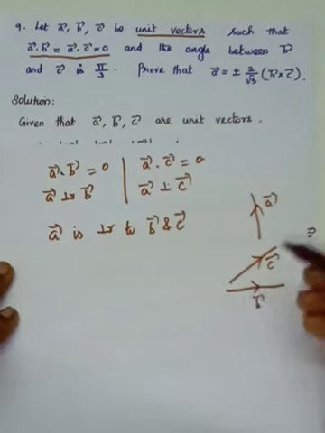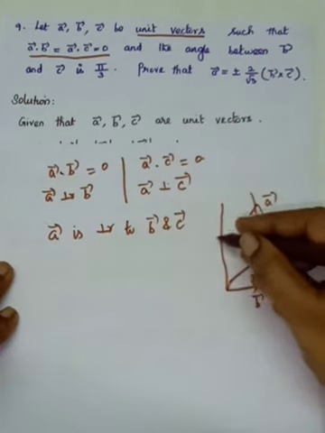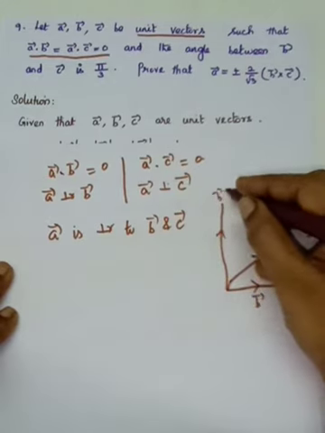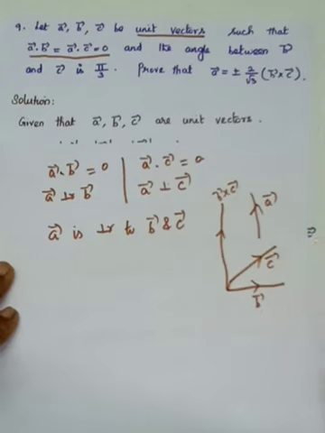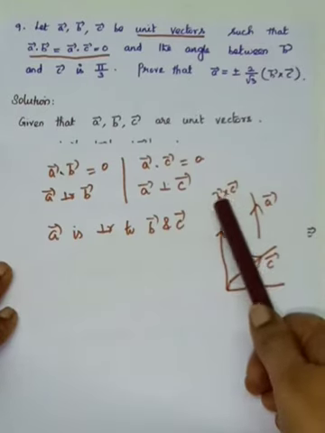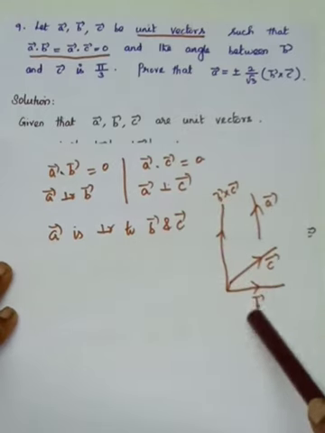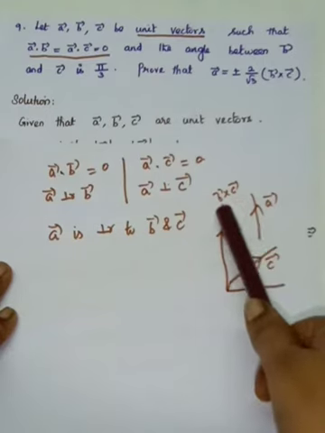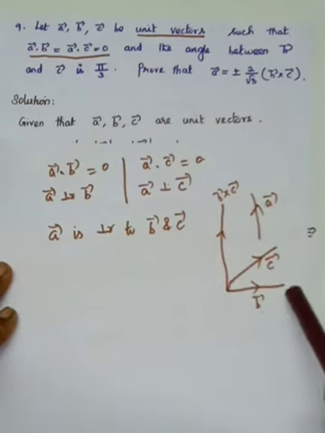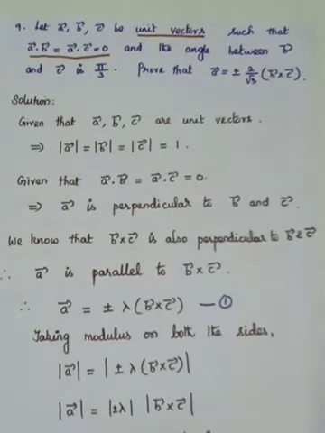Already we know that b vector cross c vector is also perpendicular to b vector and c vector. If you take the cross product between any two vectors, that cross product is perpendicular to the given vectors. So b vector cross c vector is also perpendicular to b vector and c vector. How are these two, b vector cross c vector and a vector? They are parallel. That concept only we are going to use here.